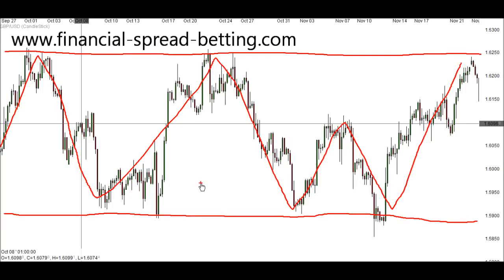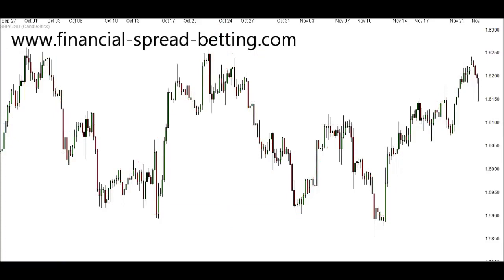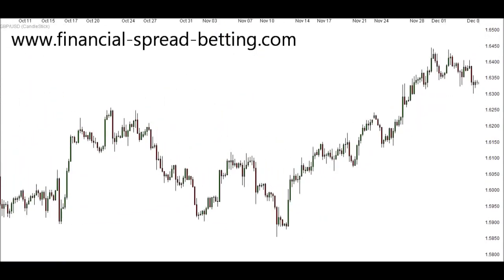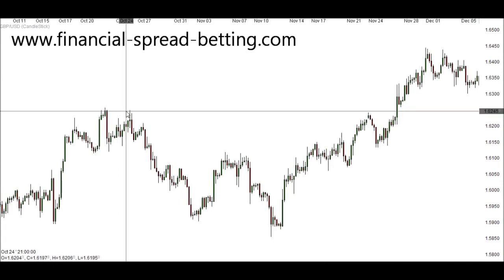Eventually a range comes to an end, and how does that happen? Well, price closes above or below the support and resistance areas. It breaks through, and we call that a breakout. You'll notice that if we move our chart forward a bit, this range does come to an end, and we have our breakout.